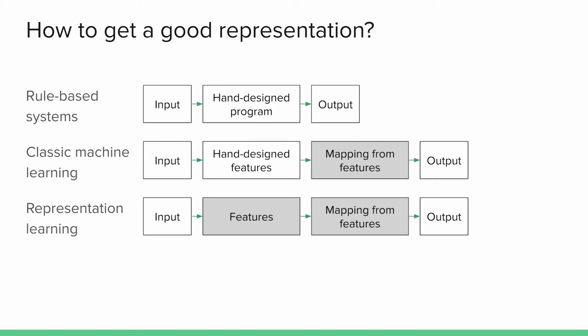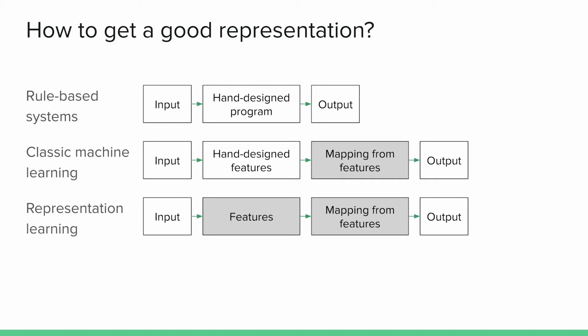That would be then representation learning, and this is the main gist of what we're talking about in this course, that we're trying to go away from handcrafting feature extraction, and using deep learning to do this.